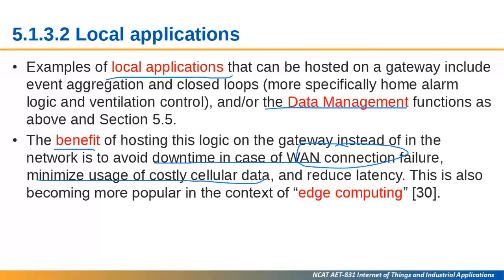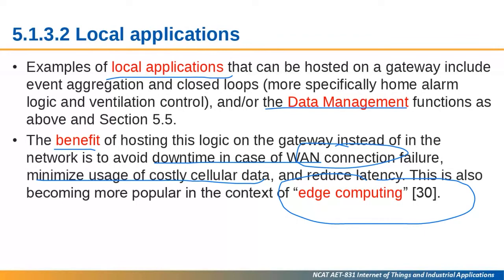So basically, the router or the gateway can serve as a computational unit. That's what brings the idea of edge computing. You may have heard of cloud computing, right? Edge computing, on the other hand, tries to use the gateways, because we have a large number of them.